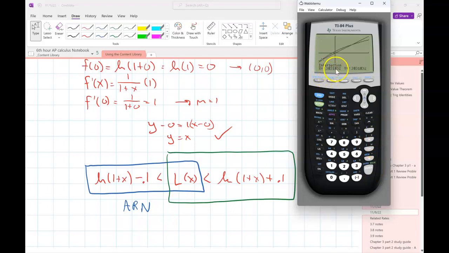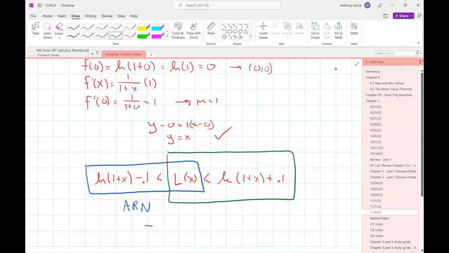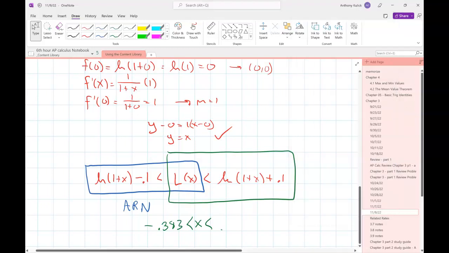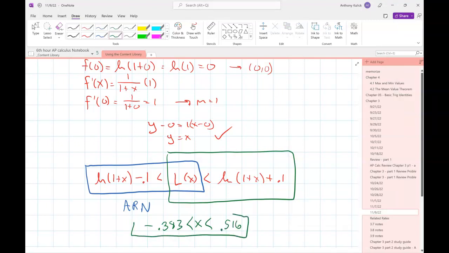So I have -0.383. And then the other intersection, second trace, intersect command, enter, enter, and for the guess, we'll go close to this one, 0.516-ish. So that's the range of x's that my linearization will be within the desired error range.